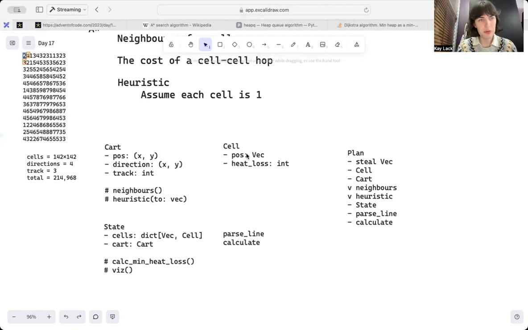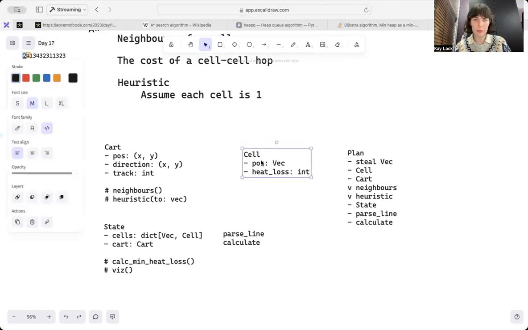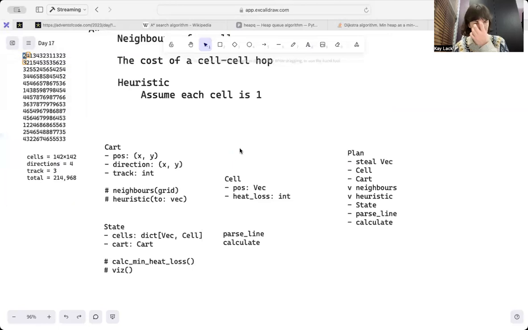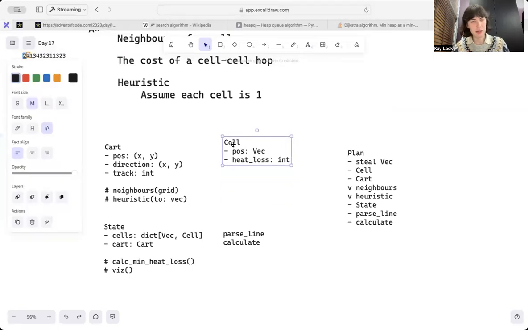Maybe I want to model a jump of some kind. No, it can just be a cell, right? Cell can achieve that.